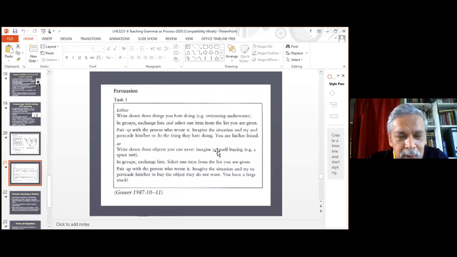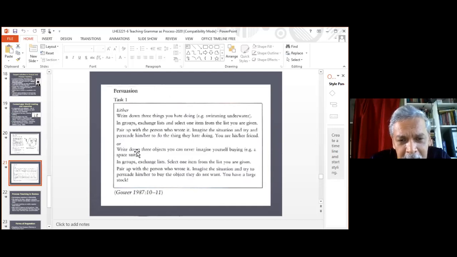But you can also, if you want, provide words, keywords, phrases, etc., for them to use when they want to try to convince their friends. So in some ways also you can introduce certain grammar points as you do this. Yeah. So this is the second option.